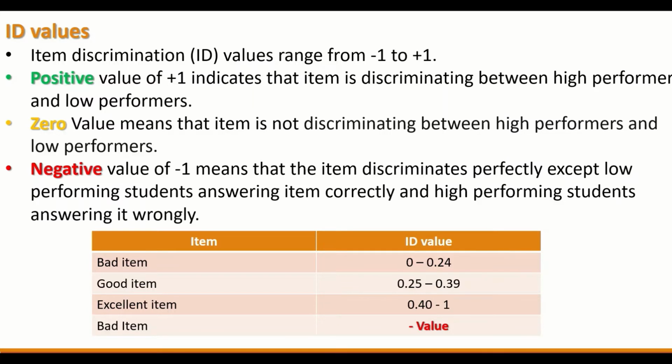As shown here in the table, the range for the ID value is listed, and the items are classified as either a bad item when the ID value is from 0 to 0.24, based on Kelly's formula, a good item when the value is between 0.25 and 0.39, or an excellent item when the value is between 0.4 and 1.